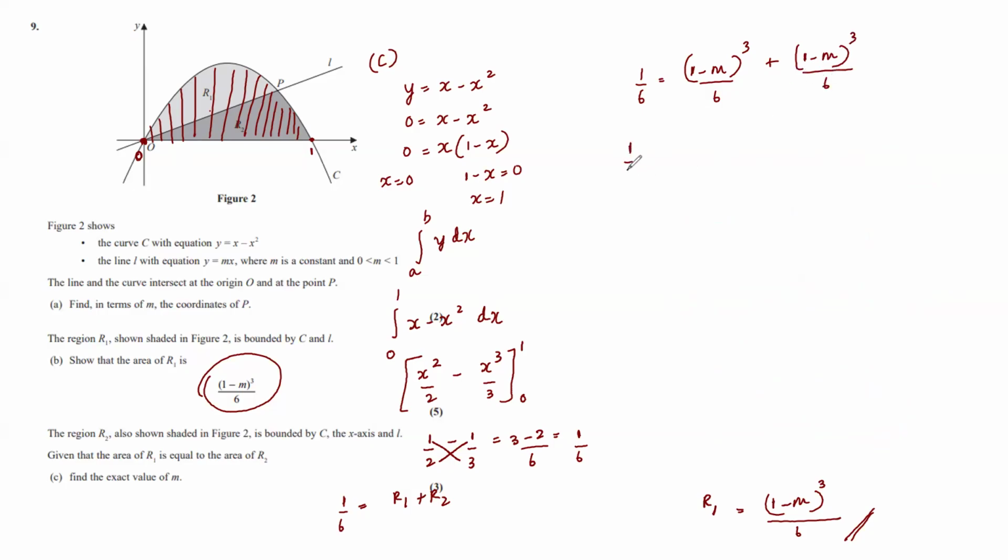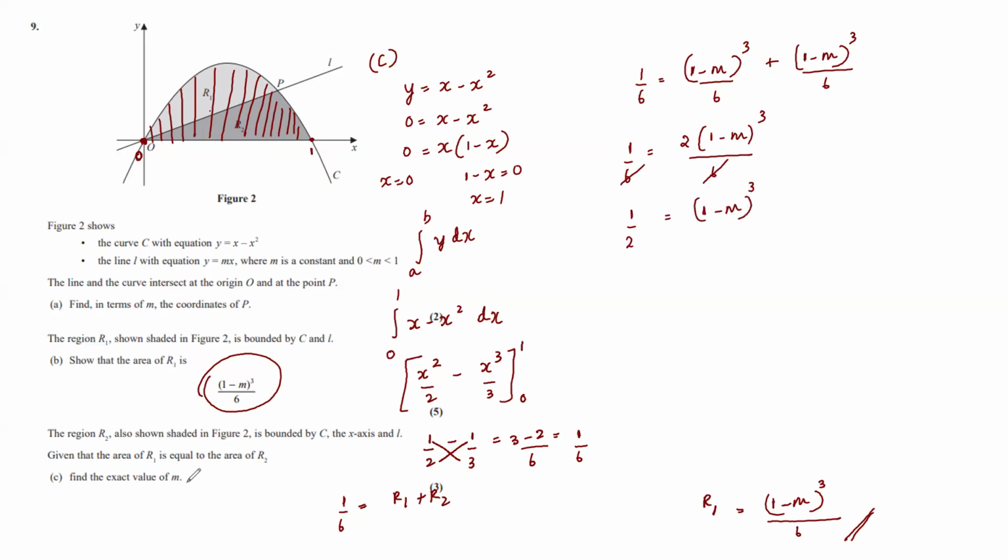So this will be 1 by 6 is equal to (1 minus m) the whole cube plus (1 minus m) the whole cube, which is 2 into (1 minus m) the whole cube, divided by 6. You can cancel both the 6 and take this multiplication of 2 to the other side. You will get 1 by 2 is equal to (1 minus m) the whole cube.